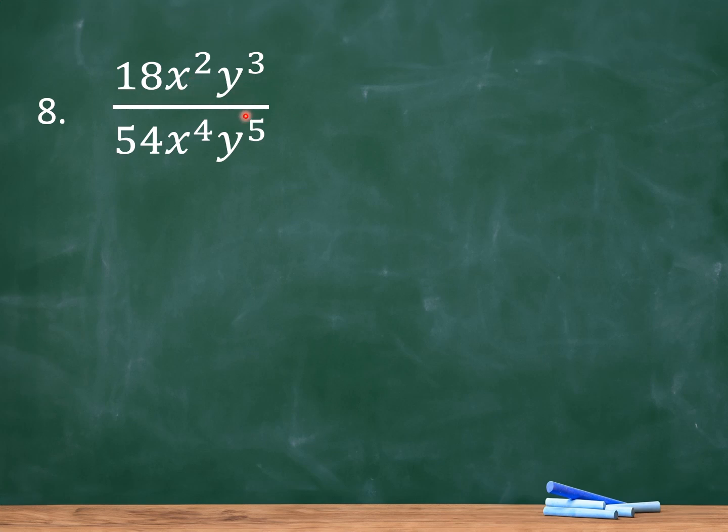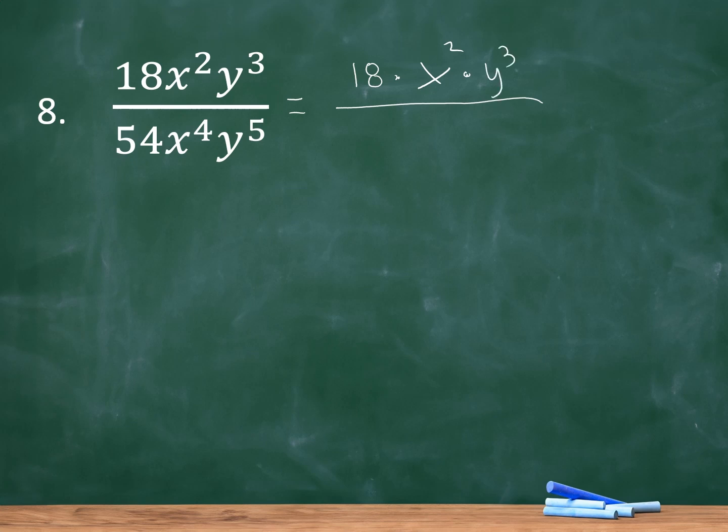18x squared y cubed is divided by 54x to the power of 4 y to the power of 5. So again, we can think of the numerator as 18 times x squared times y cubed.